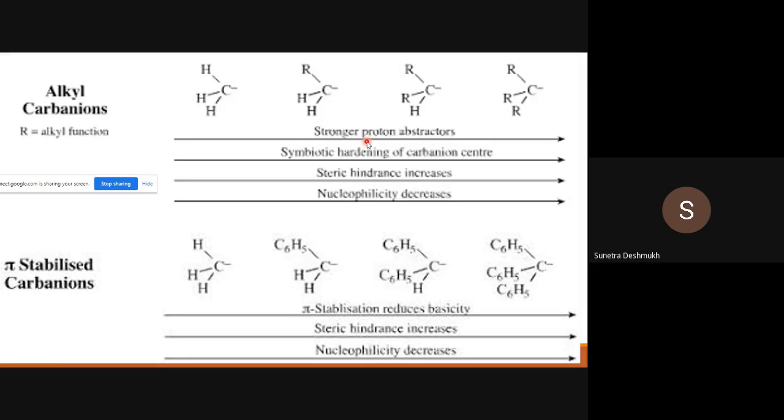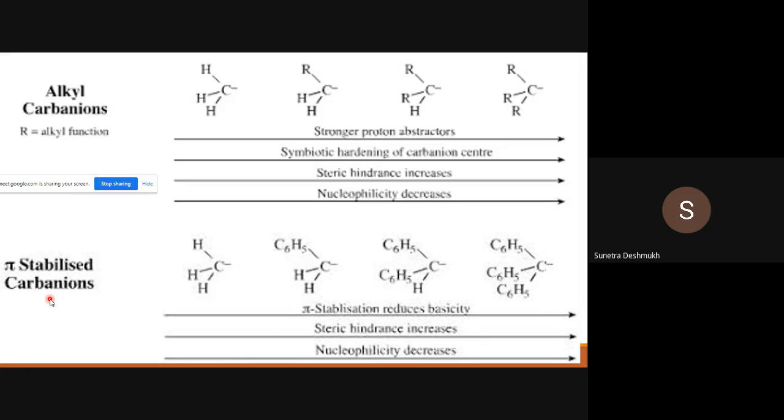Strong base, weak nucleophile; strong nucleophile, weak base. Here the plus I effect increased, so it is a stronger proton abstractor, meaning the plus I effect makes the carbanion more basic and less nucleophilic. Then steric hindrance increases, so we have to compare which one is more basic and which one is more nucleophilic.